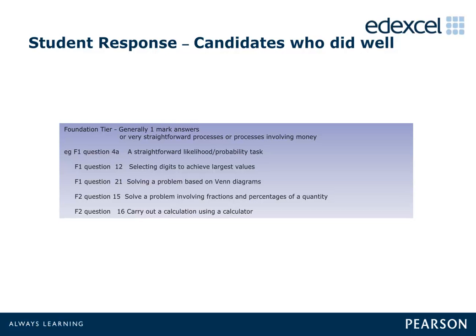F1 question 12, selecting digits to achieve largest values. F1 question 21, solving a problem based on Venn diagrams. F2 question 15, solve a problem involving fractions and percentages of a quantity. F2 question 16, carry out a calculation using a calculator.